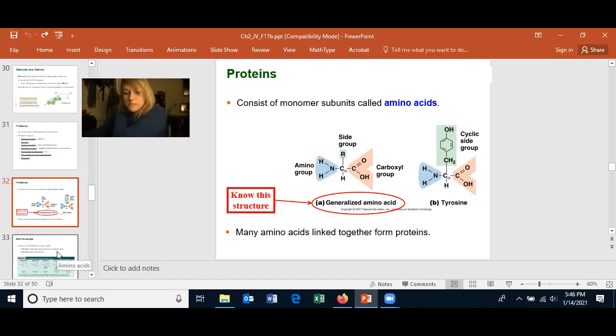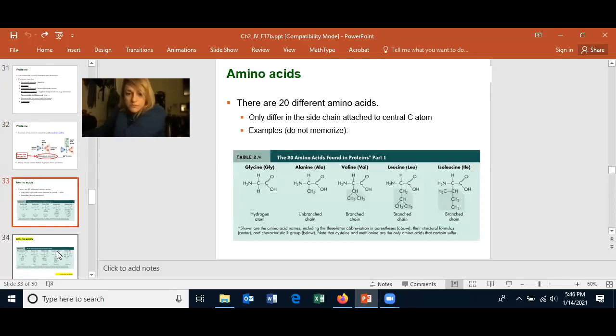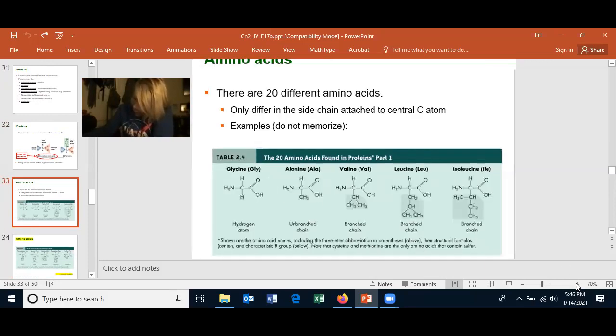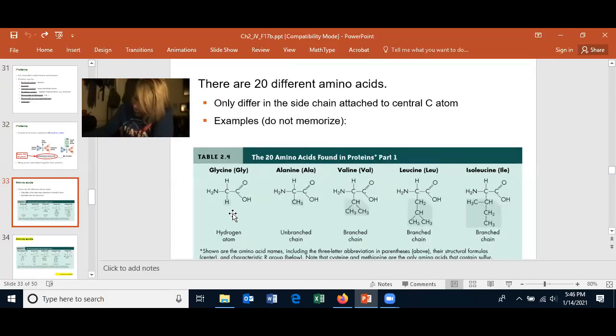Let's take a look at the different R groups. I mentioned there are 20 different amino acids. They only differ in the R group attached to the central carbon chain. And these are some examples of the R groups, or the different amino acids. You do not need to memorize these. I'm just showing them to you. You can have a very simple R group, glycine.